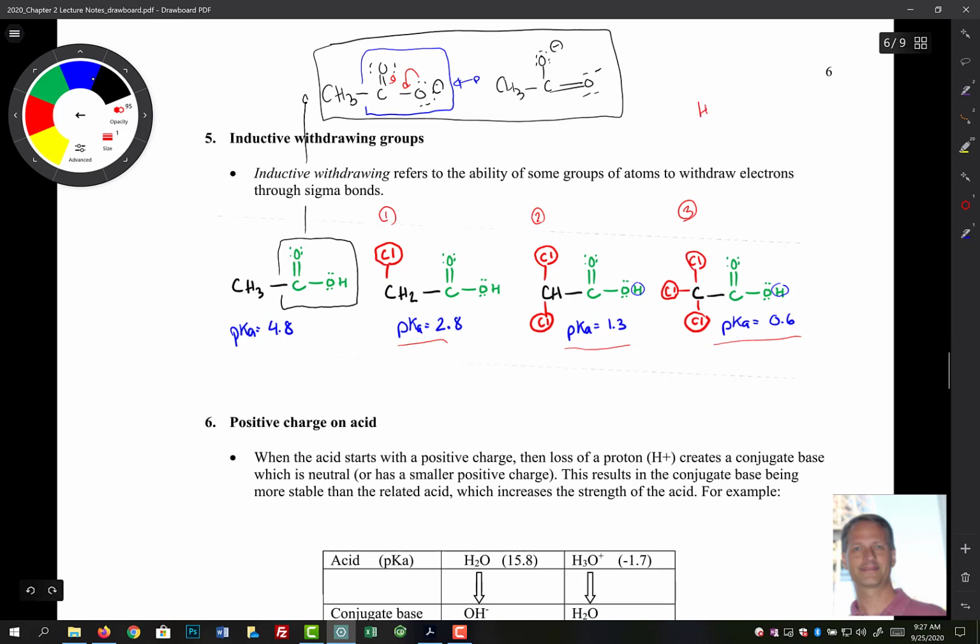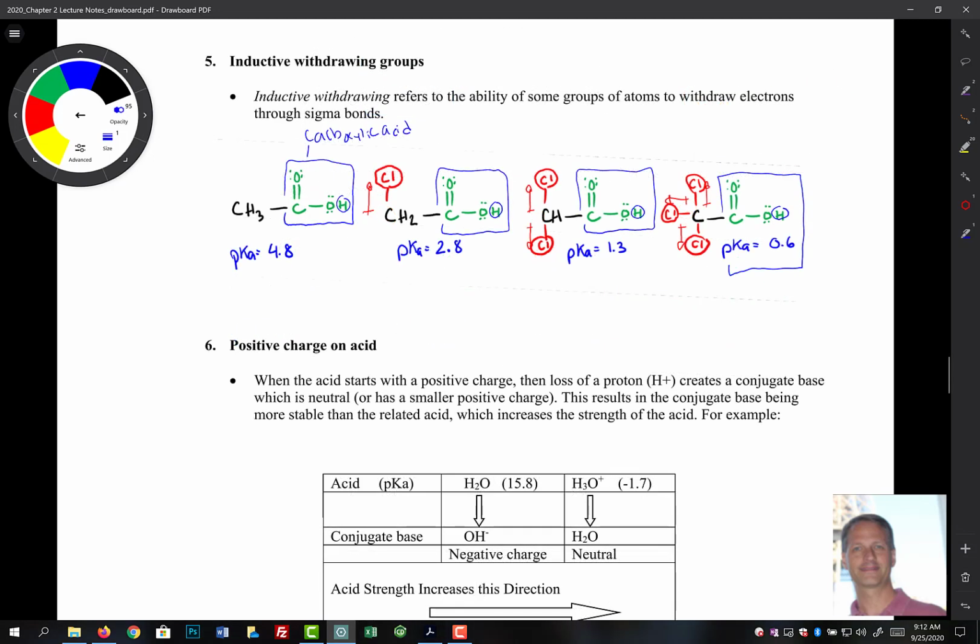So we're not looking at HCl, right? We're looking at H connected to a carbon connected to something else down here. So don't get this rule mixed up with size, for example. When we talk about size, that's something different because we're looking at an H atom connected to a halogen. Here, when we talk about halogens, we're specifically looking at their inductive withdrawing effect.